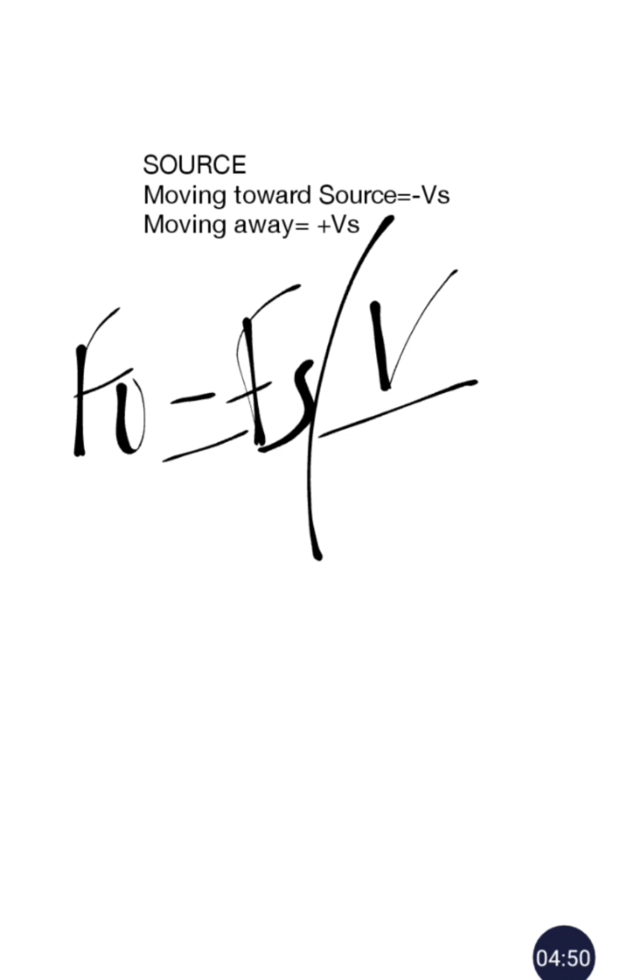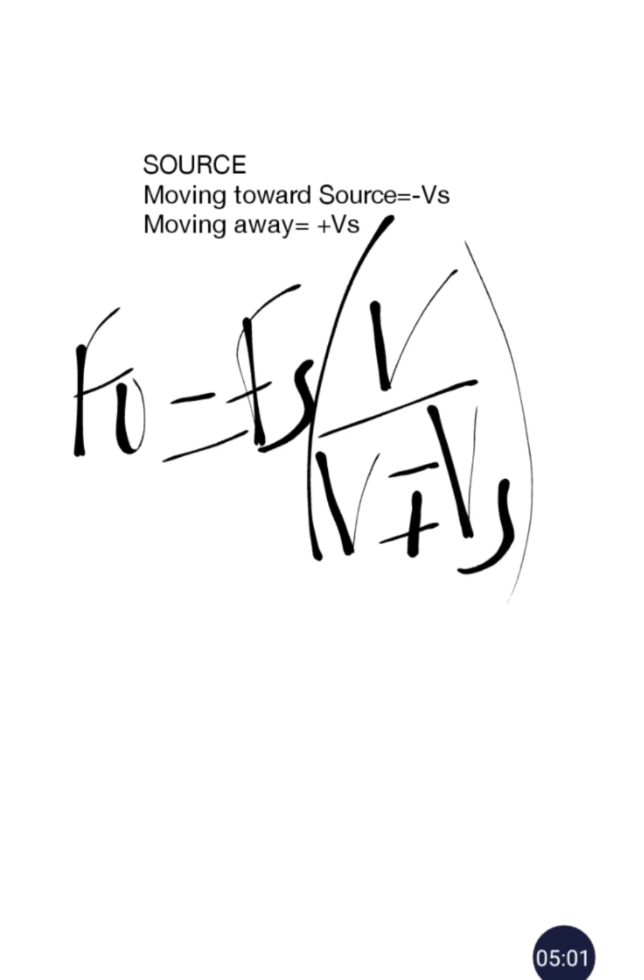But here it's going to be v minus or plus vs on the bottom. So when the source is moving toward the observer, it's going to be negative.